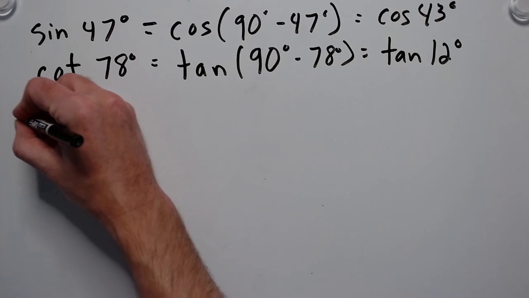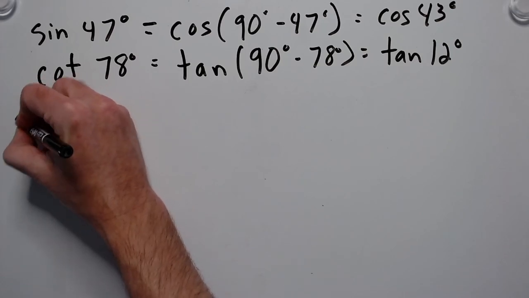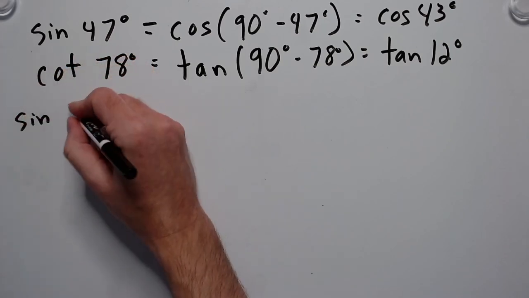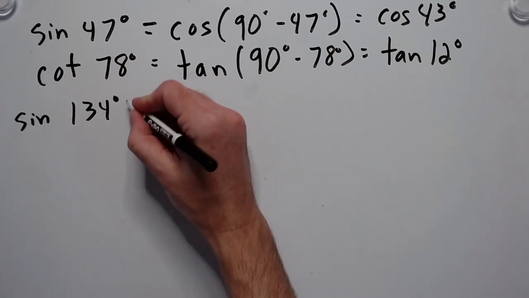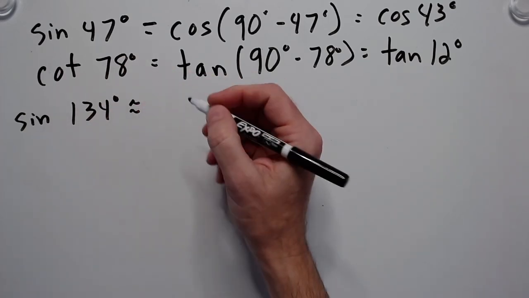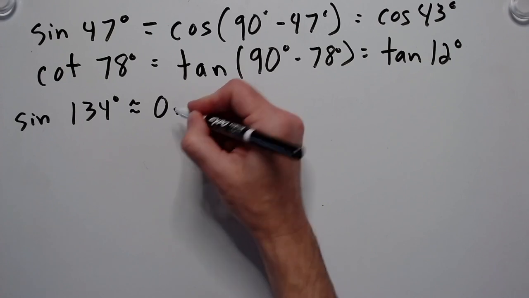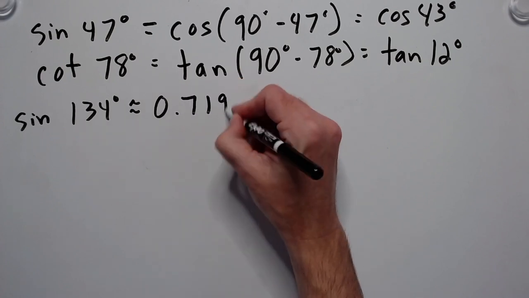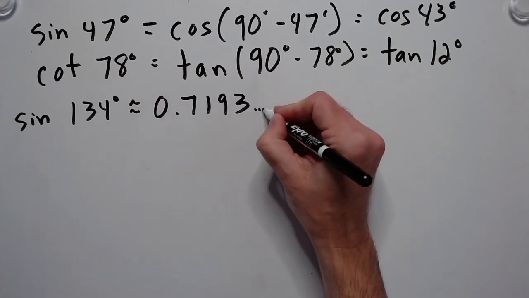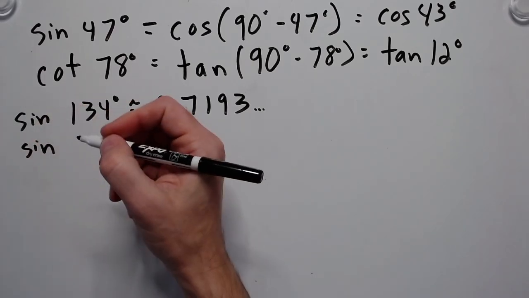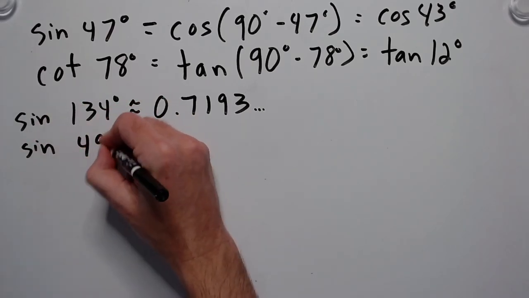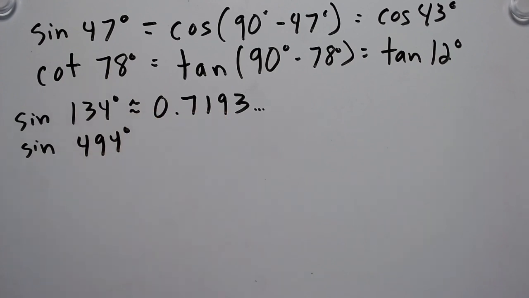Next, we're going to write down, I'm going to squeeze over a little bit here, the sine of 134 degrees. So we're just going to use a calculator. If we punch that out, we get approximately 0.7193. The question is, what is the sine of 494 degrees?